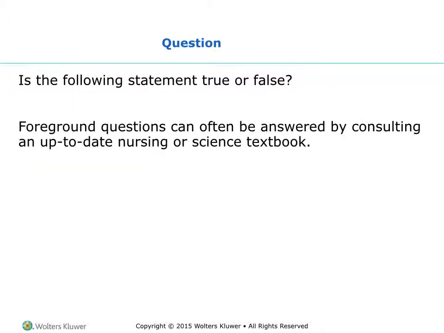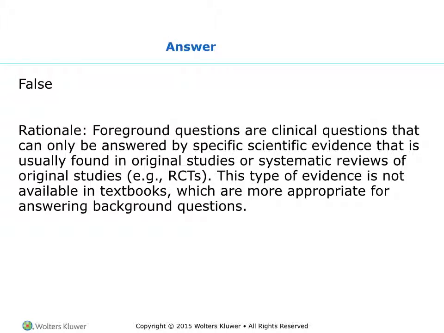So, is the following statement true or false? Foreground questions can be answered by consulting an up-to-date nursing or science textbook. Well, what do you think the answer is to that? I'll tell you, the answer can be found in the articles for this week, but it's false.